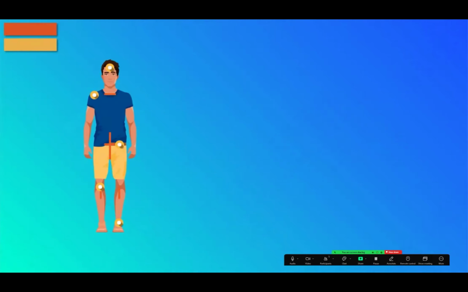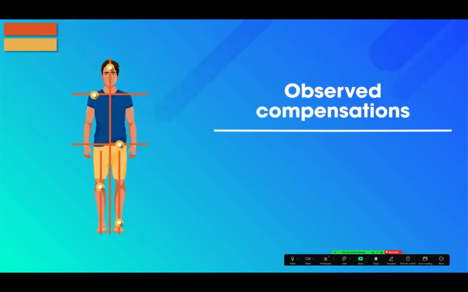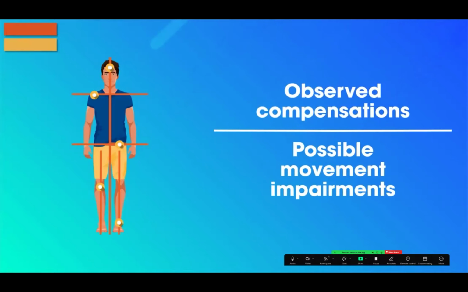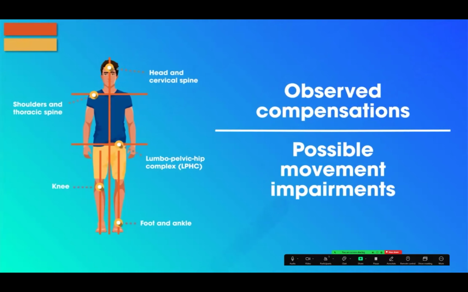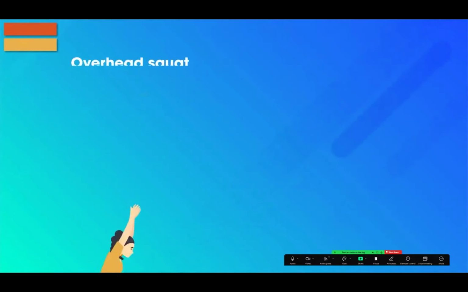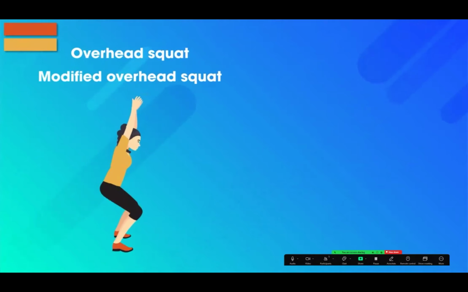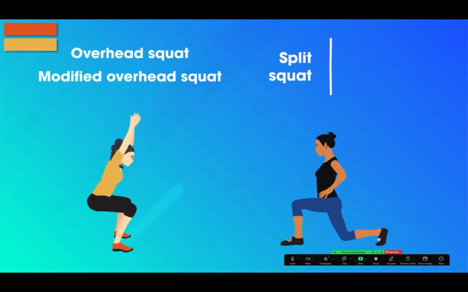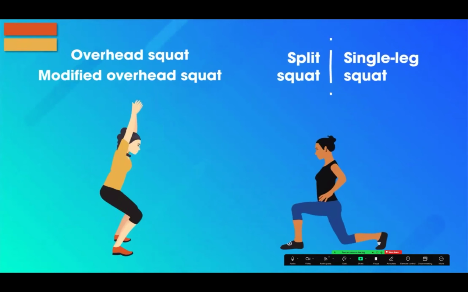As the client performs each specific movement pattern, any observed compensations point you to possible movement impairments at each of the 5 kinetic chain checkpoints. The transitional assessments use the client's body weight and include the overhead squat, modified overhead squat, split squat, and single leg squat.